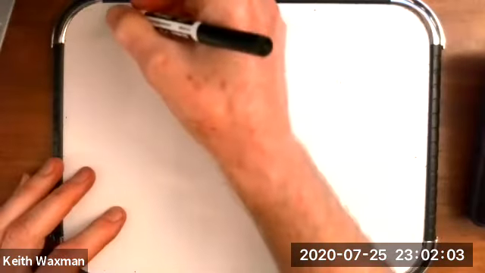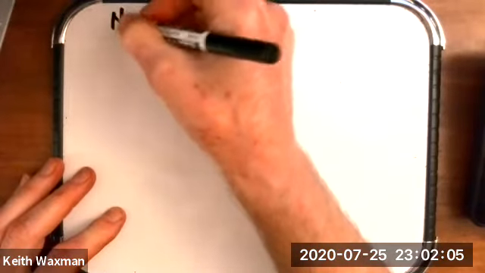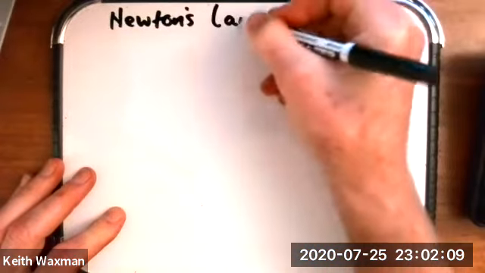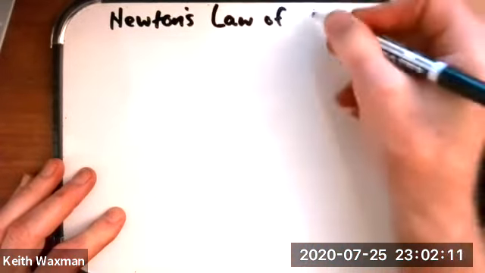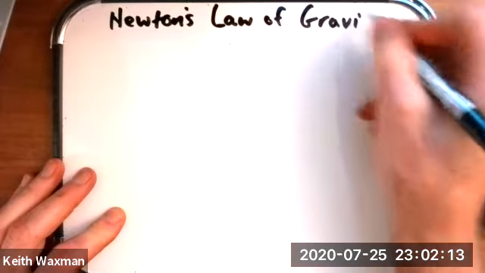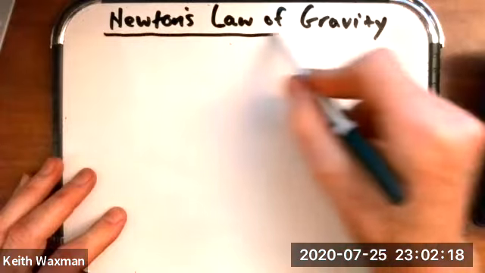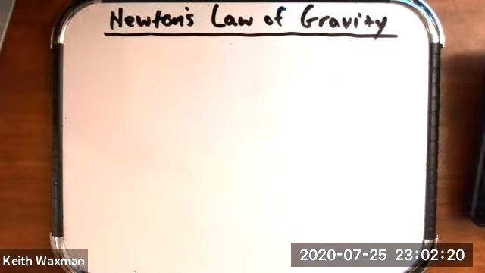So to do that, I'm going to write down this law of gravity. It's quite a paragraph. So let's write down Newton's law of gravity. And then we'll write it down as an equation, and you'll see that an equation makes it much easier.